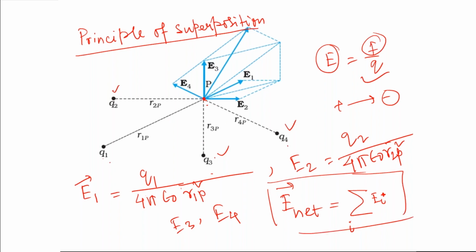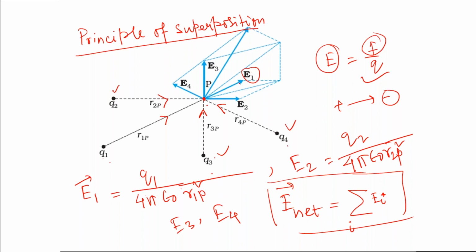In this case, the electric field for Q1 will be in this way, so that's why it is E1, and due to Q3 will be this way. So this is E3, due to Q4 will be this way, and due to Q2 will be this way, and you have to take the resultant electric field, or resultant vector from this.